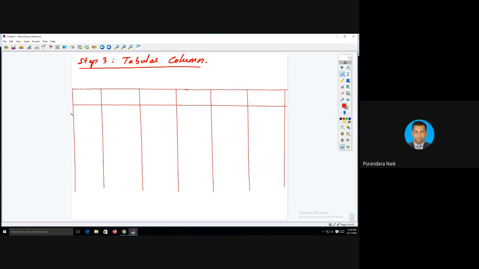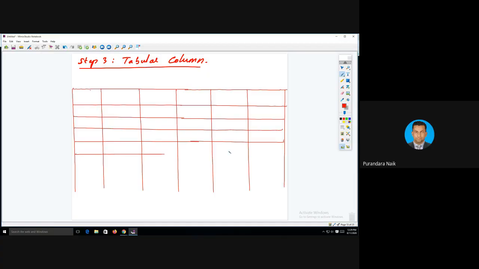There are 6 masses. One, up to the last mass, 6.